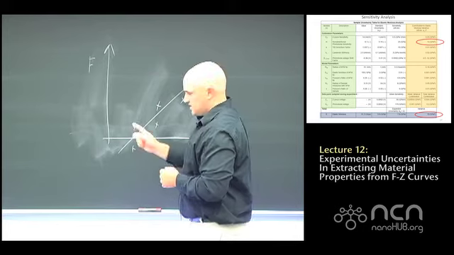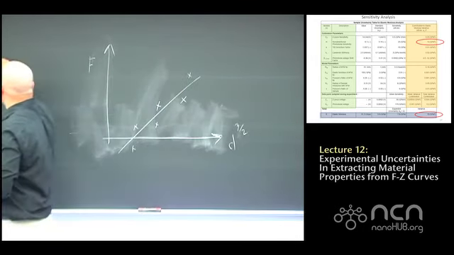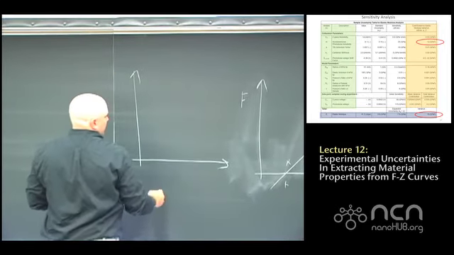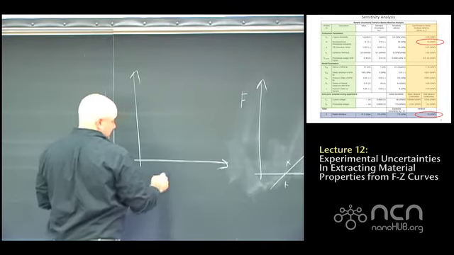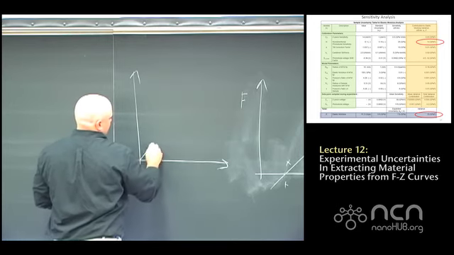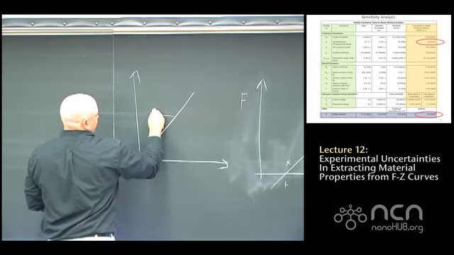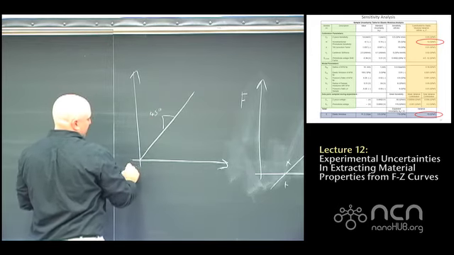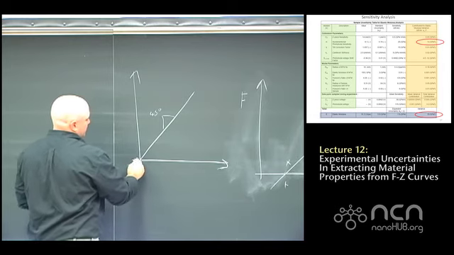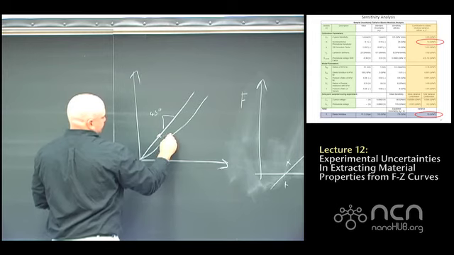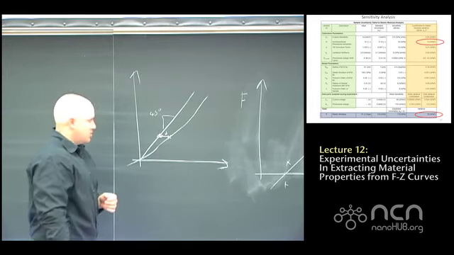So let's take one more step back. If we thought about how we got to D, we had our F-Z curve, right? Or this would be a 45-degree line, and then we had some constant offset. I'm not going to draw the offset, but we got our curve that looks something like that. And this was D, right?